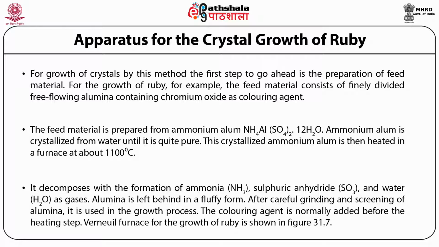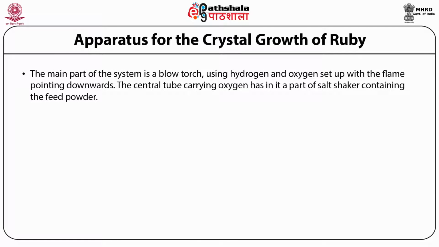The Verneuil furnace for the growth of ruby is shown in figure 31.7. The main part of the system is a blowtorch using a hydrogen and oxygen setup with the flame pointing downwards.